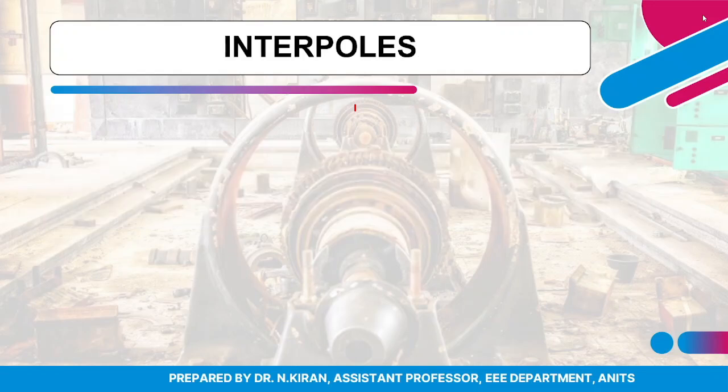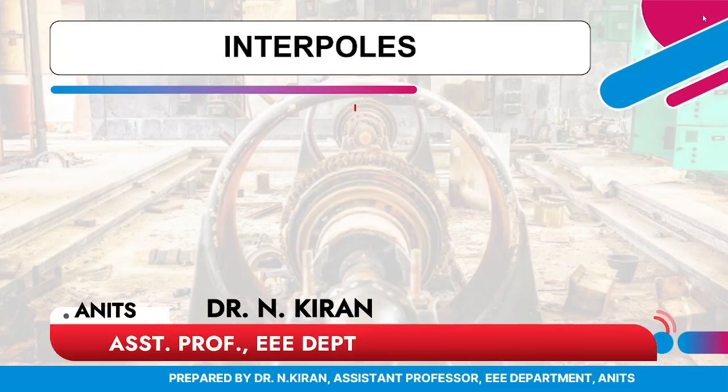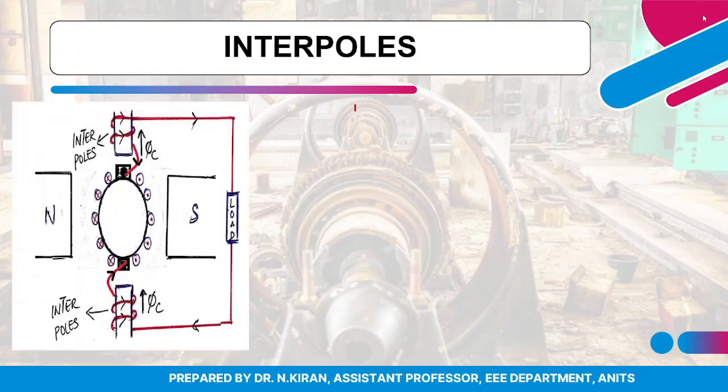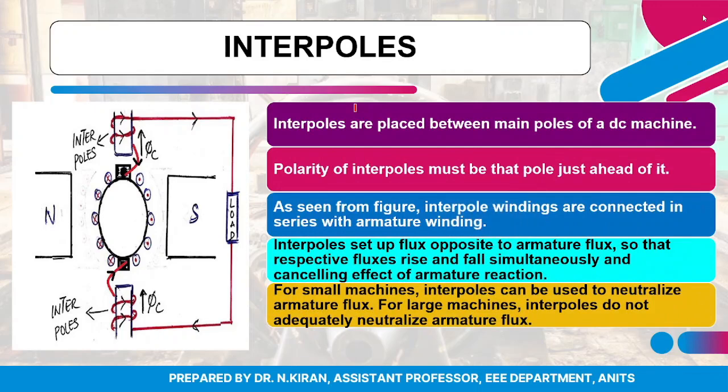The fourth remedy is using interpoles. From the diagram you can see the interpoles are placed in between the main poles, and the interpole field winding is connected in series with the armature winding, as shown in the diagram. One should remember that the polarity of the interpole must be that of the pole which is ahead of it.